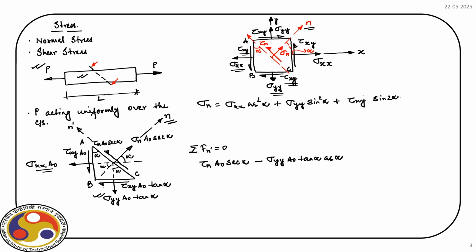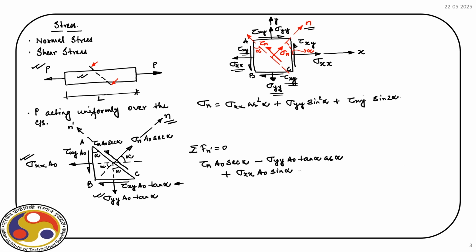Then we have another normal force sigma xx a naught. So, that is acting along the positive direction of n prime. So, we have sigma xx a naught and then sin alpha. Then we can consider the last two components of the shear force.